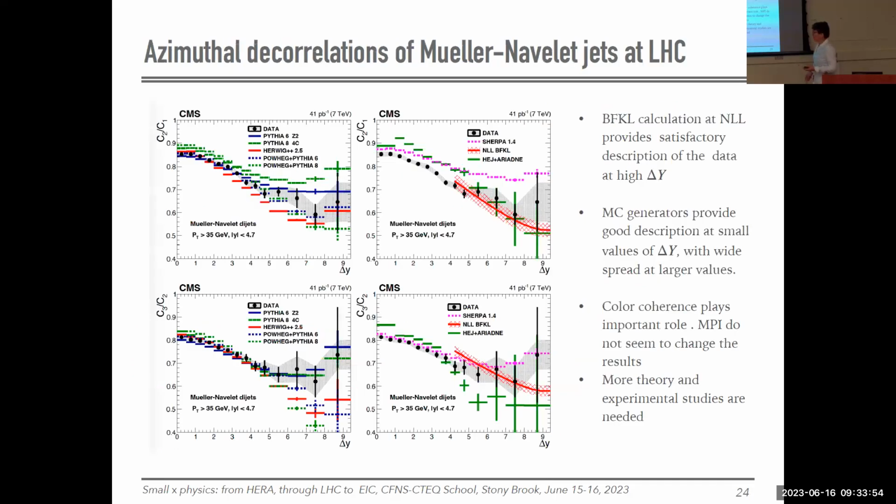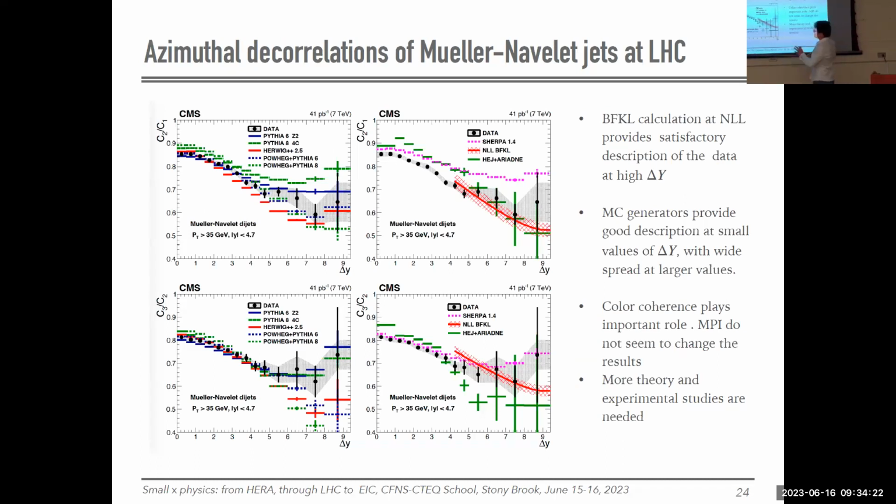So these are the results, and they are confusing, to say the least. I was studying this paper and the CMS paper, and I must say it's very confusing in terms of the final conclusions. So here, these are ratios of these Fourier coefficients as a function of rapidity, C2 over C1 and C3 over C2.